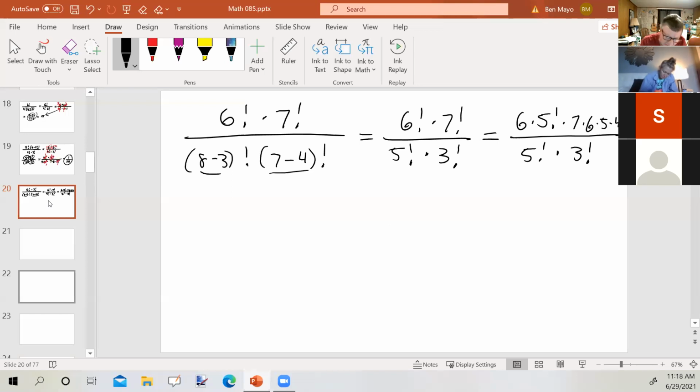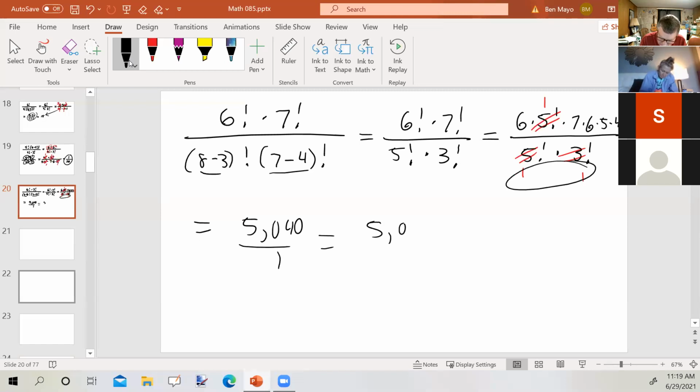So I get rid of the 5 factorial and the 3 factorial. Now on top, I've got 6 times 7 times 6 times 5 times 4, and then of course times 1, but I get 5,040 all over 1, so just 5,040.